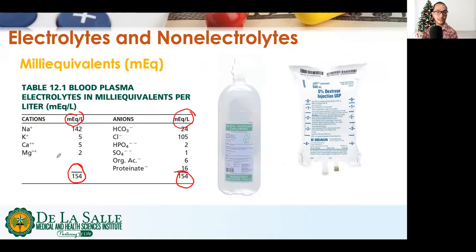So another thing that I want to mention here is that sodium is actually a major extracellular cation, and chloride is the major extracellular anion. Okay. And potassium is your major intracellular cation, and phosphate is your major intracellular anion.